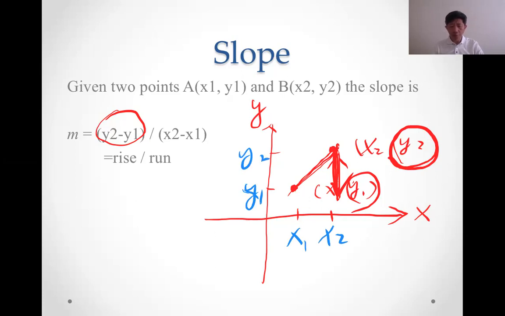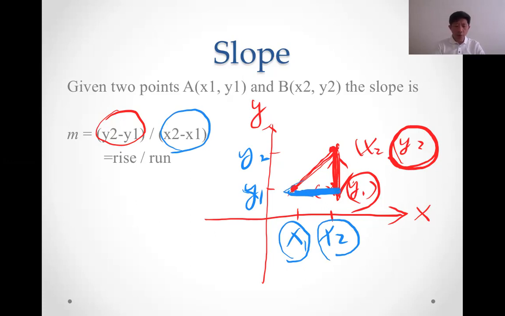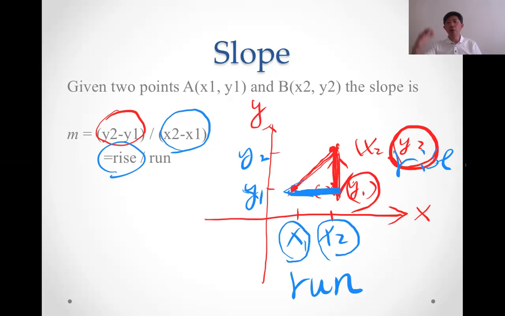So we take x2 minus x1. So we got this, and therefore we have a rise. This is called the rise. This is called the run. So slope is a ratio of what? The ratio of rise over run, okay?